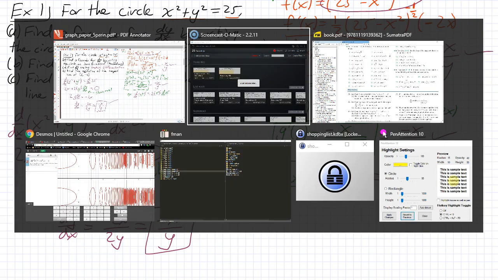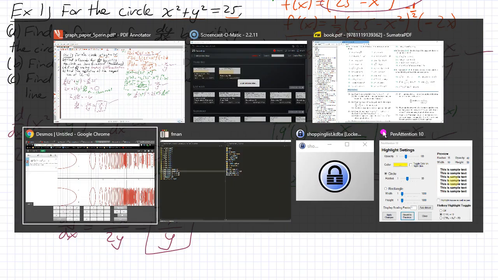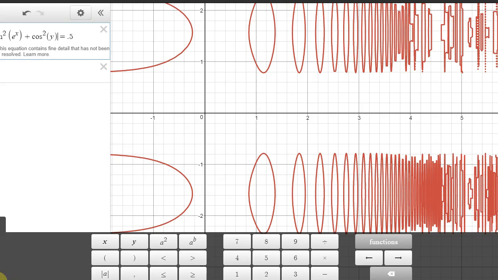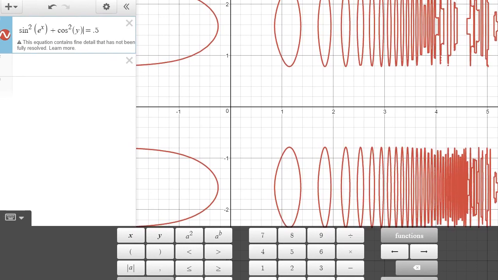So for example, one of the examples I was going to do for this lecture video was going to be this crazy function over here, sine squared of e to the x equals cosine squared of y equals 0.5. That's just what I came up with when I tried to think of the craziest equation I could.